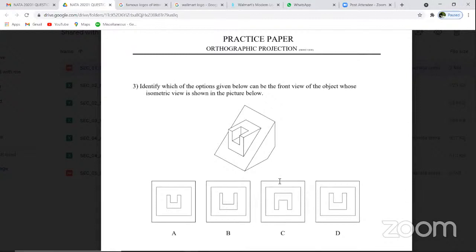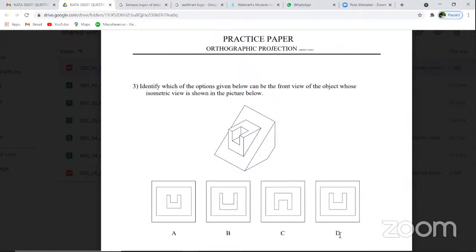It's A. Option A. Okay, any other answer? It's definitely not C because they've asked front view, and not B either because these are too narrow, correct? And this is way too big.